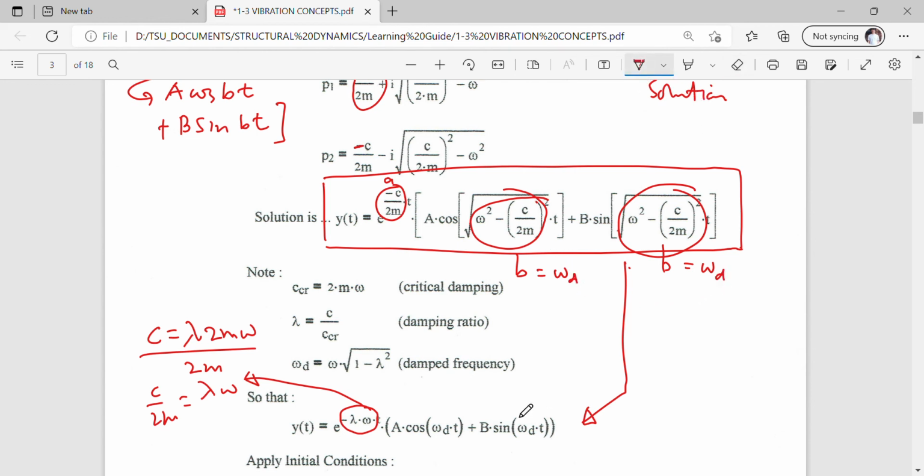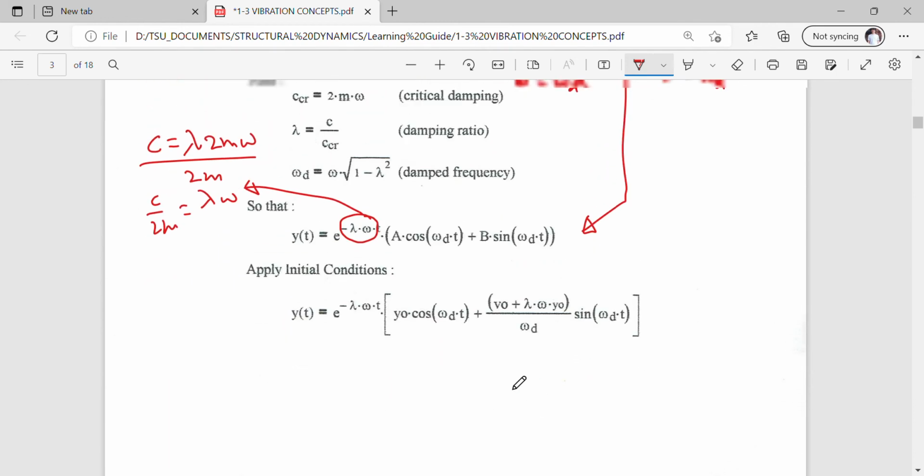Okay, so applying the initial conditions now. So here, what's the initial condition? At time t equals 0, your y(0) equals y0, and your y prime of 0 is v0.